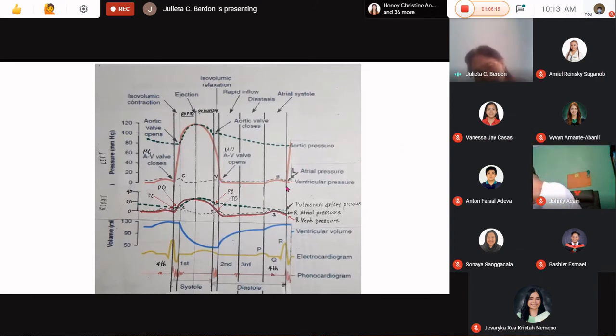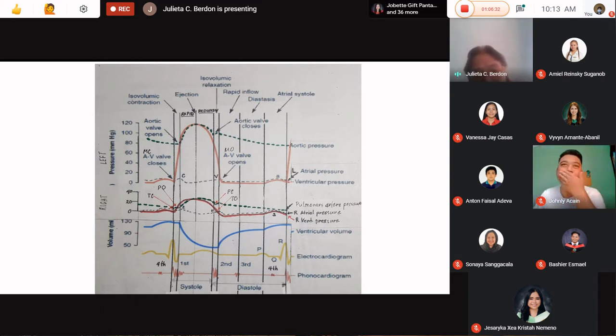So this entire process, from the opening of the mitral valve to the end of atrial contraction, or to the beginning of the next ventricular contraction, will be diastole. And that one will be systole. From here to there, do you see my arrow in my drawing?